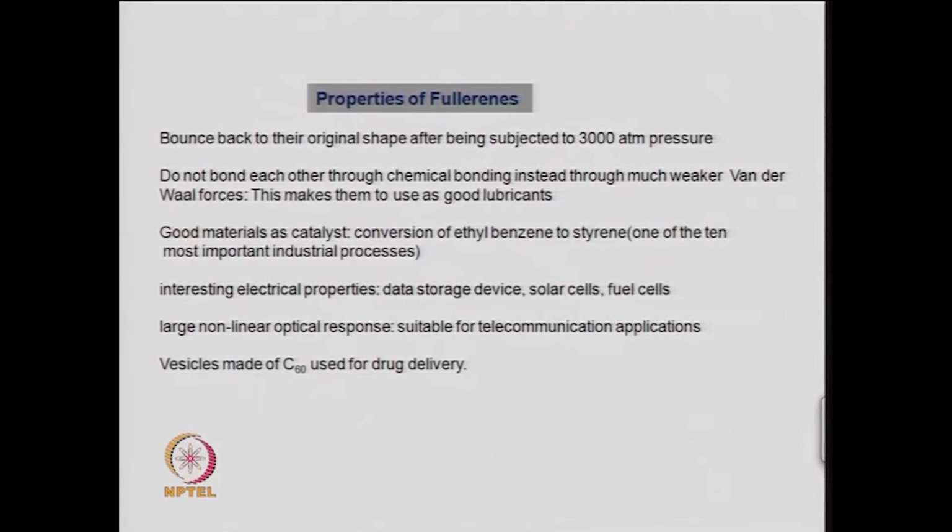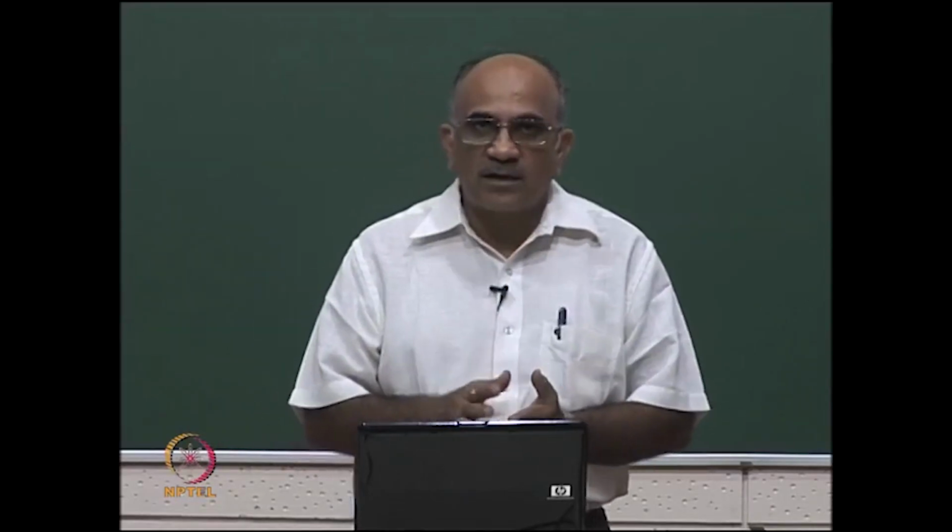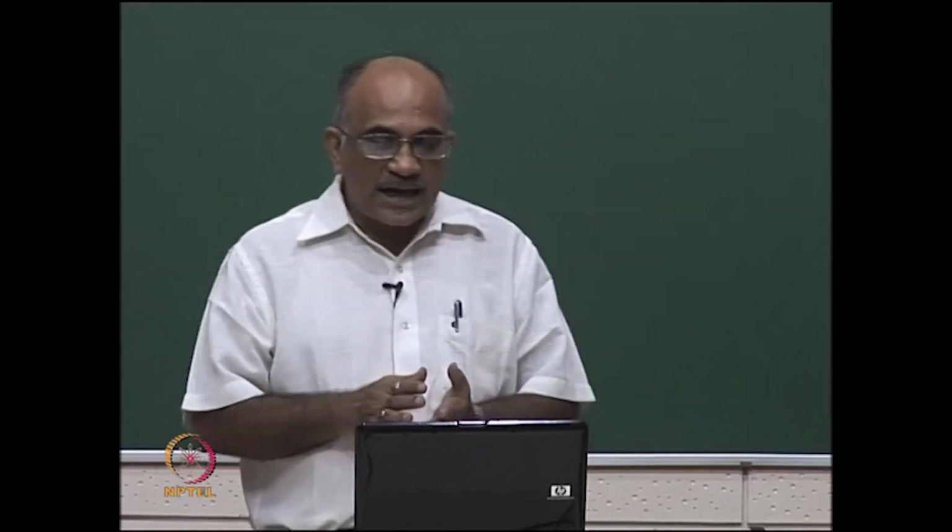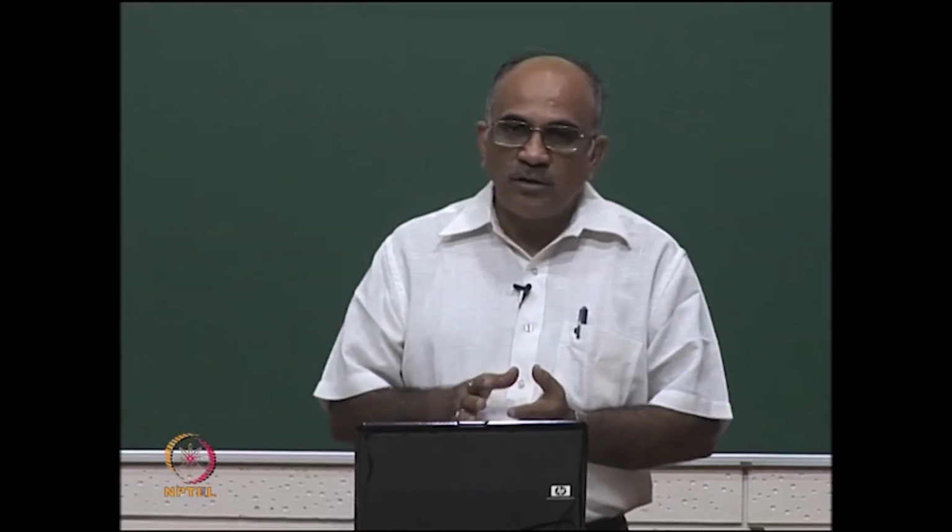Then, the fullerenes do not bond to each other through chemical bonding. If you take two fullerenes, they bond to each other through weak van der Waals forces, like in graphite, where you have layers of rings of carbon atoms which do not bond to each other through covalent bonds, but through van der Waals bonds, and hence graphite is a good lubricant.